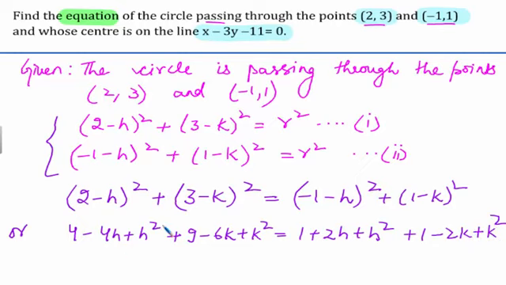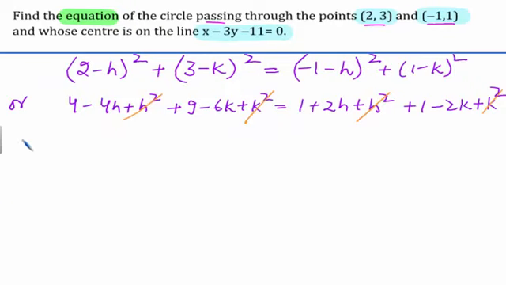Now h square on both the sides cancels out, k square on both the sides cancels out, and now taking all the terms having variables on one side and constants on the other, we have 6h plus 4k is equal to 13 minus 2, that is 11, denoting this by equation number 3.